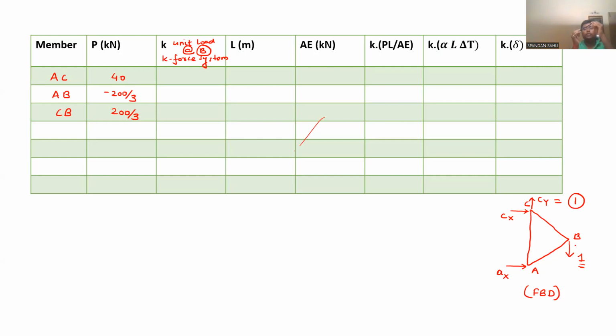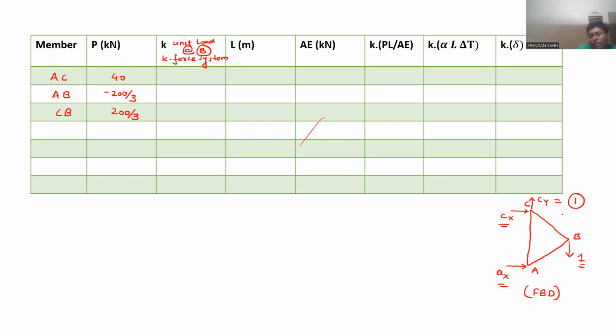So they are trying to make a couple. And when a couple will come, the complete structure won't be in the state of static equilibrium. It will try to rotate. So who will try to safeguard it and keep it in the state of static equilibrium? This Cx and Ax force.